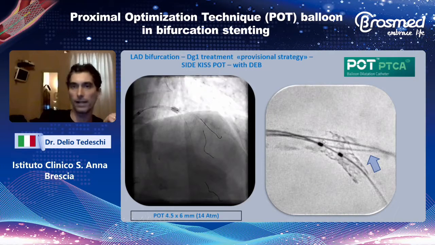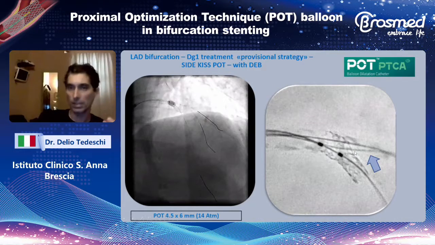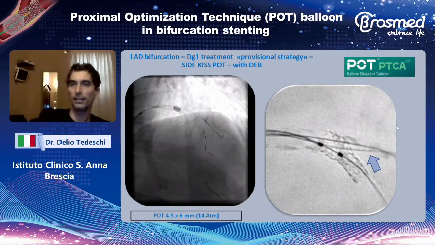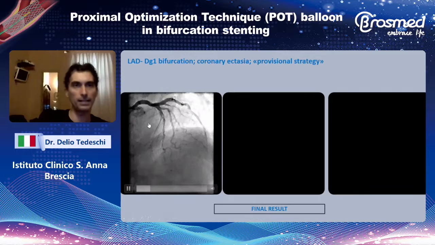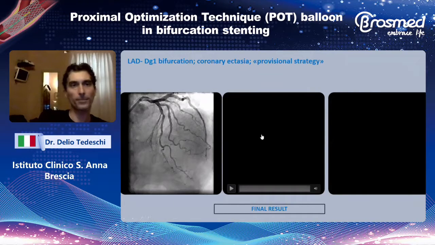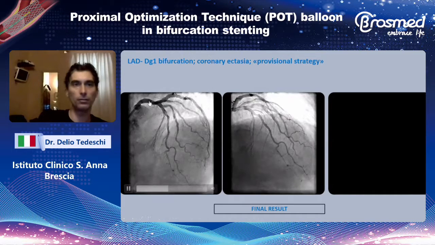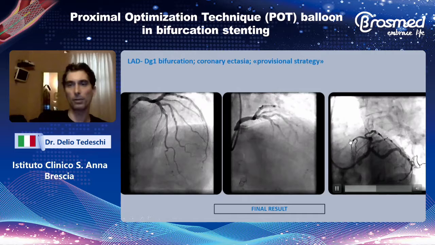So the first wire is the jailed wire, and the second wire was the wire that crossed in the distal strut. This is another confirmation of the good technique of this provisional stenting. And of course, this was the final result, very good, even in the diagonal branch with the drug-eluting balloon at the level of the ostium and in the proximal part.